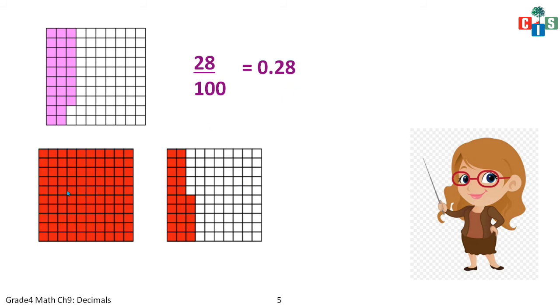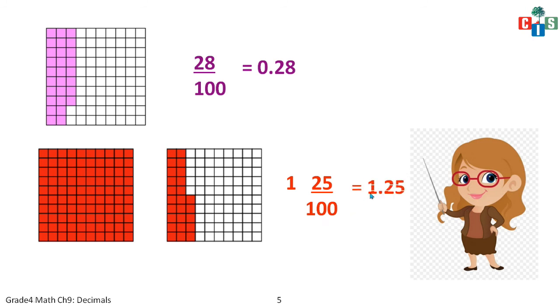Now see this section. I have one whole colored part. In the previous one there was no whole colored part, so it is 0 point. Here it will start with 1 point, because 1 is a whole colored part. So I will write one whole colored part, and then out of 100, 10, 20 and 25, so 25 out of 100.